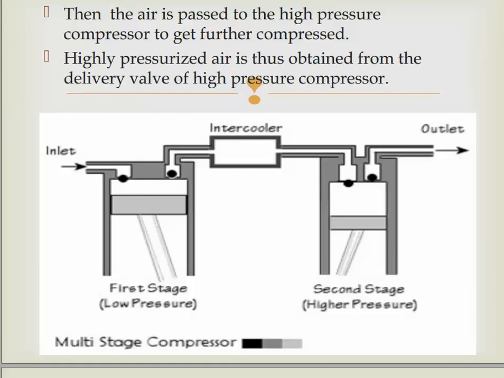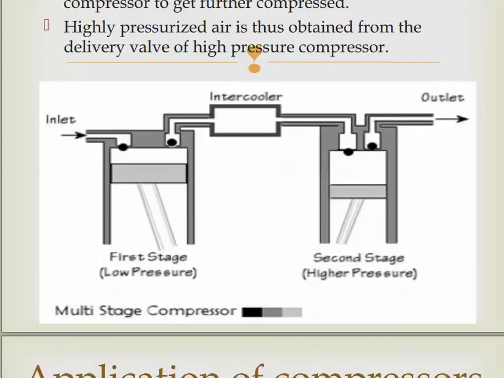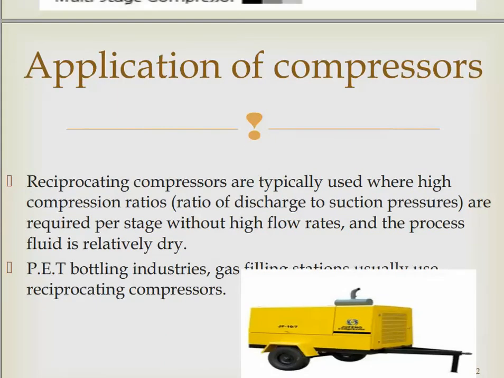You can see the air is inlet from the low pressure and exhausted to the intercooler. Then from the intercooler the gases will come into the high pressure or second stage cylinder, where it will be compressed and then exhausted out. This is a multi-stage compressor.